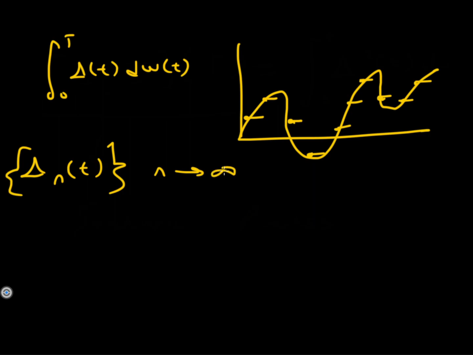Alright, now that we know that we can approximate a general process through smaller simple processes, we can now imagine a general Ito integral in a more lucrative sense. Now, let's look at the Ito integral, right?